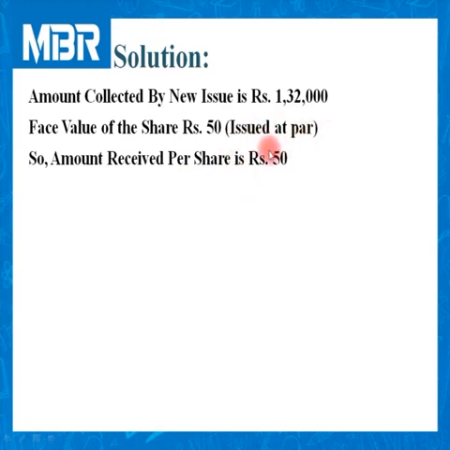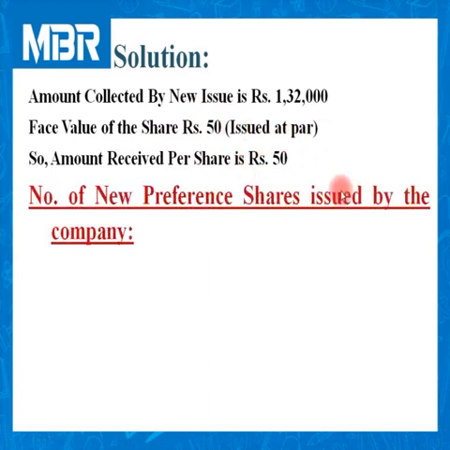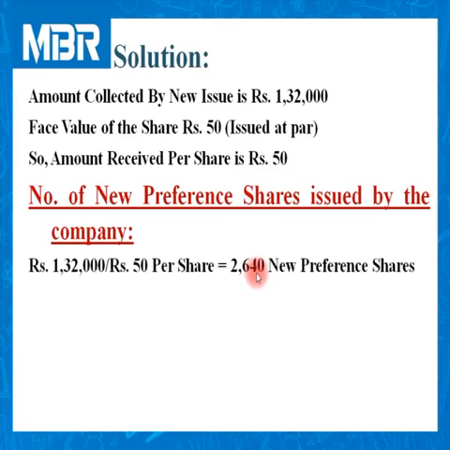But here shares are issued at par, meaning shares are issued at face value. So face value is 50, amount received per share is also 50. So for the number of new preference shares issued by the company, we need to receive a total of rupees 1,32,000 by issuing at 50 rupees per share. So the number of shares is 2,640.